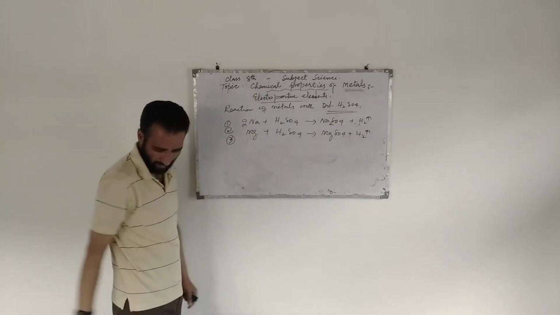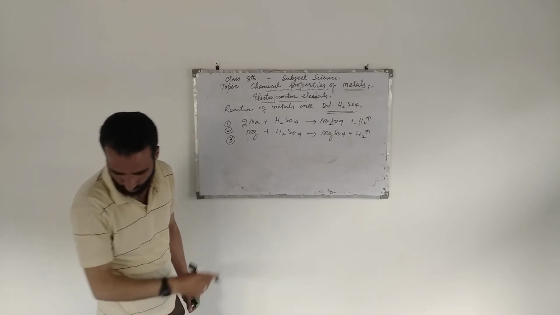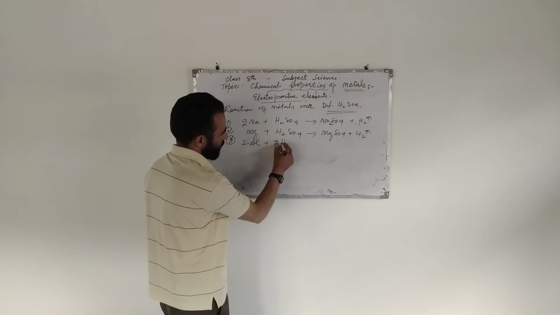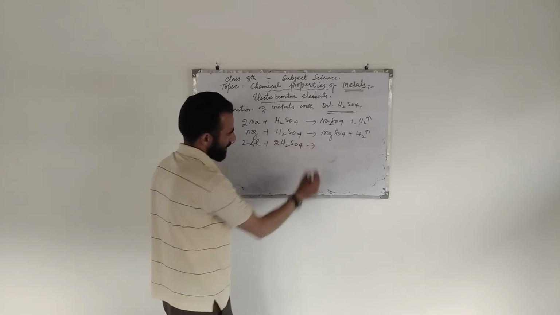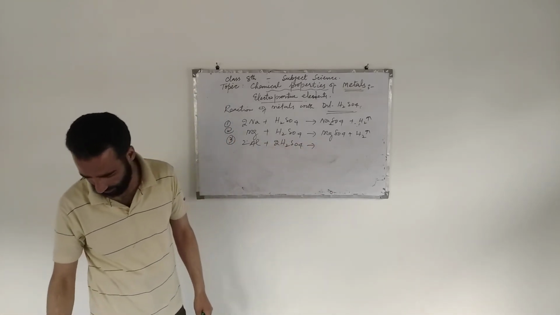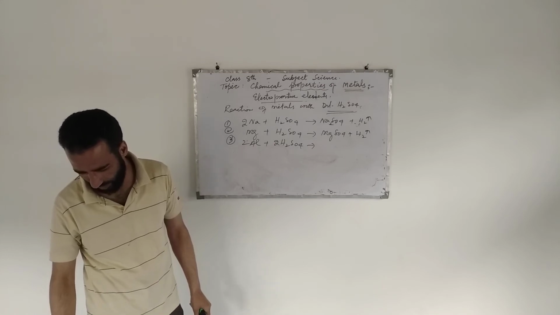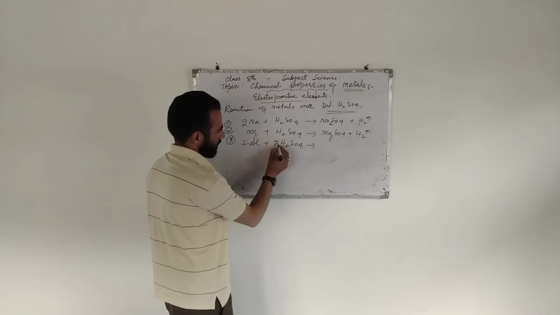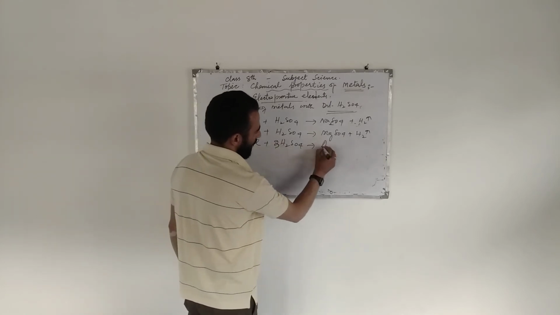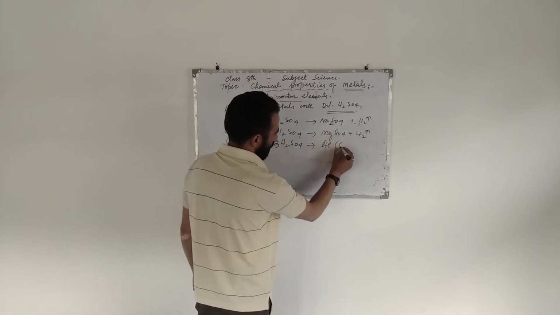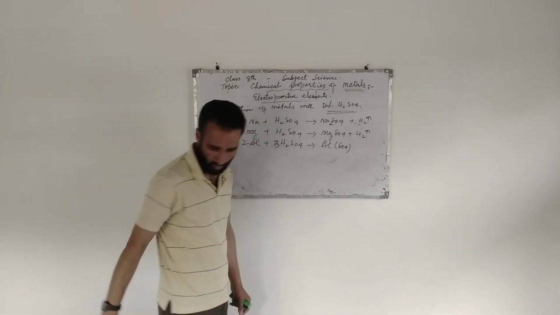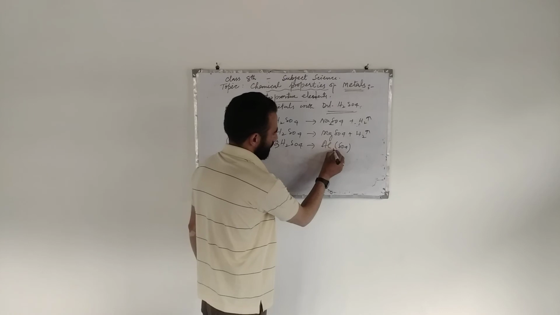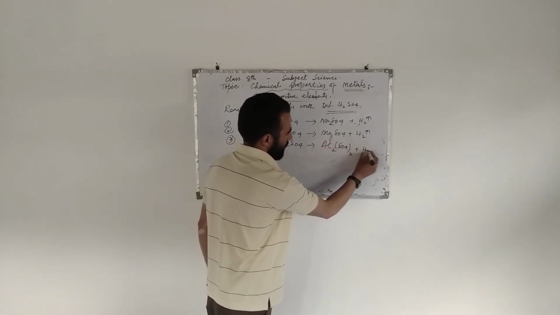Number third, 2 times aluminium plus 3 times H2SO4, sulfuric acid, forms Al2(SO4)3 plus hydrogen gas.